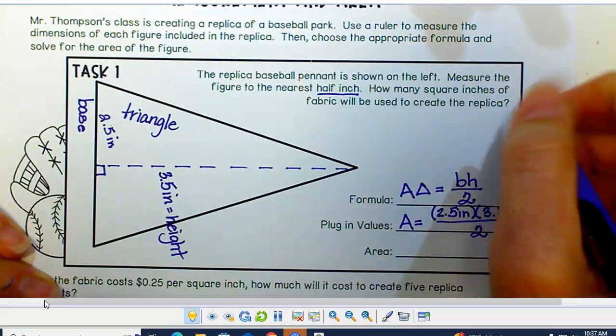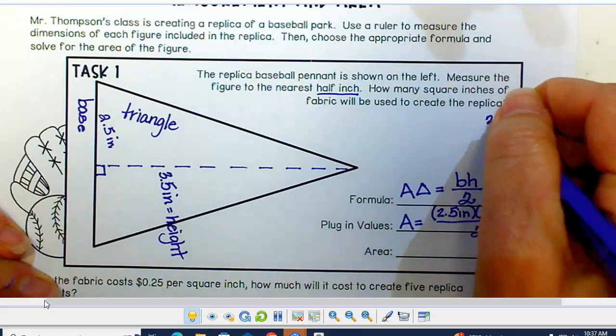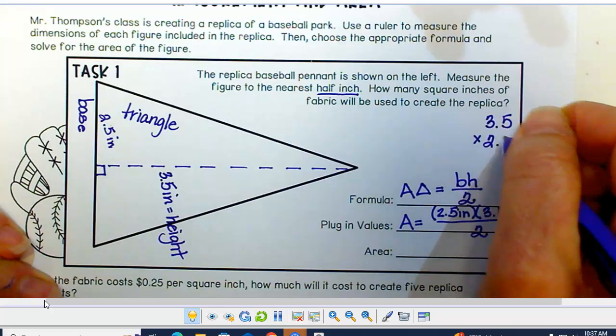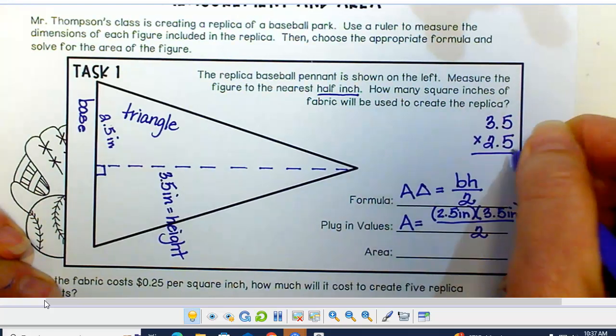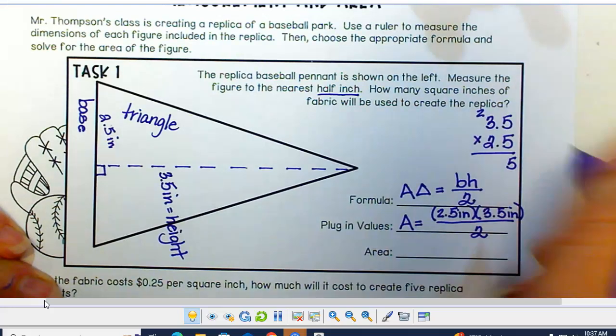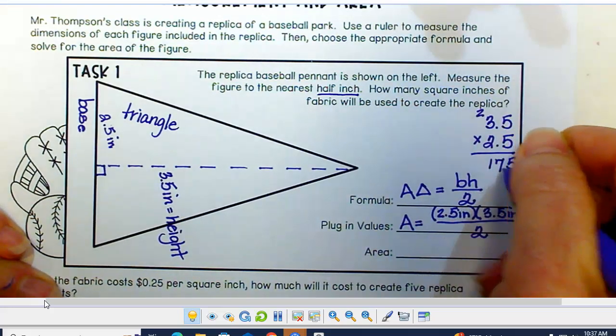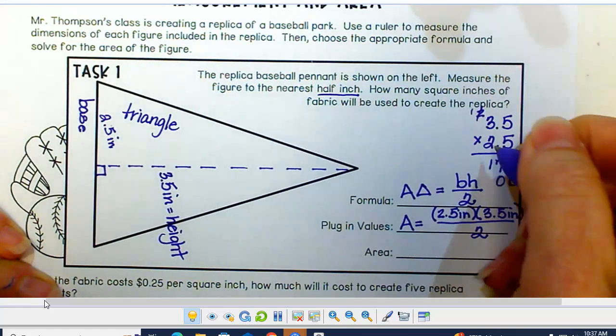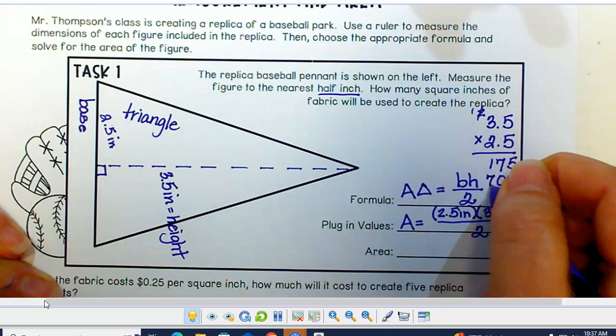Okay, so let's go over here and work some math. 5 times 5 is 25. You put down the 5, carry the 2. 5 times 3 is 15, 16, 17. 2 times 5 is 10. 2 times 3 is 6, plus 1 is 7.